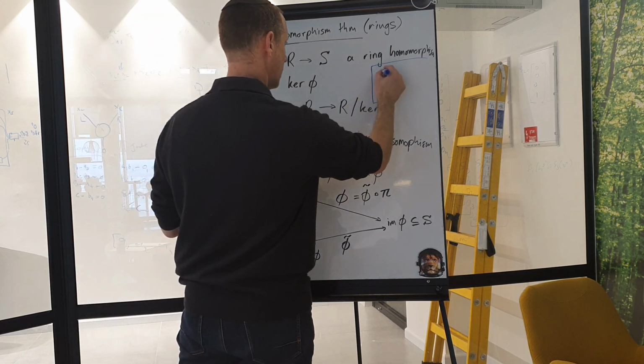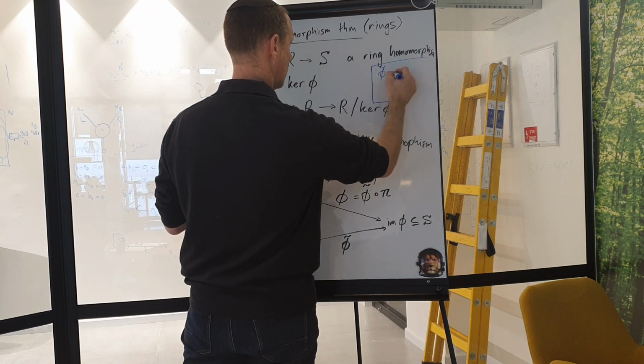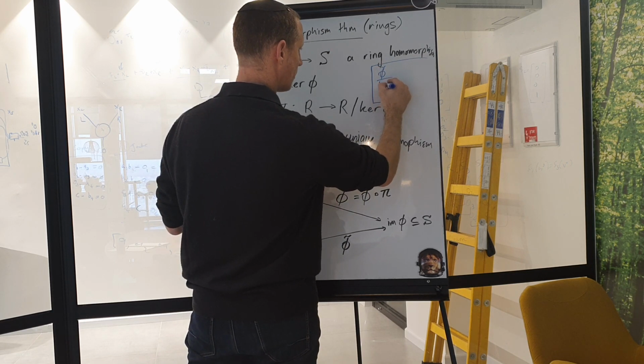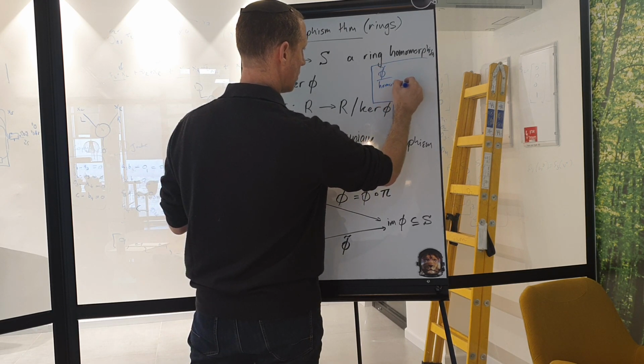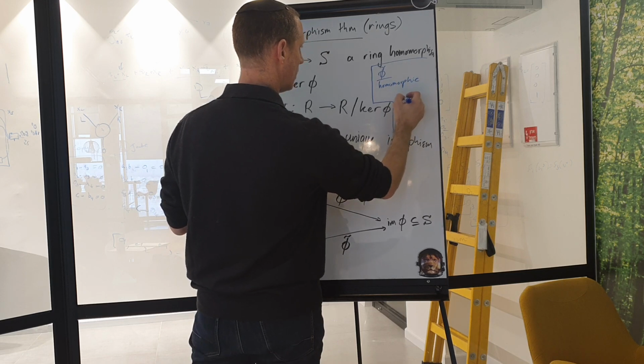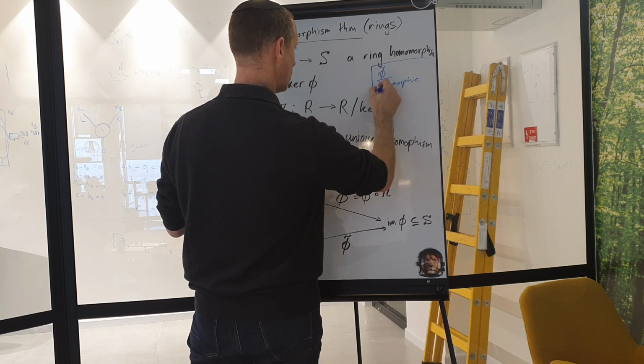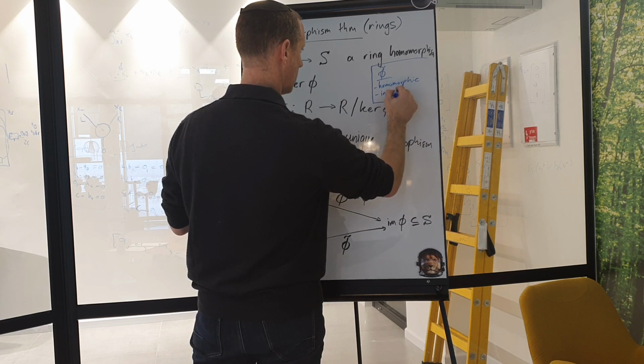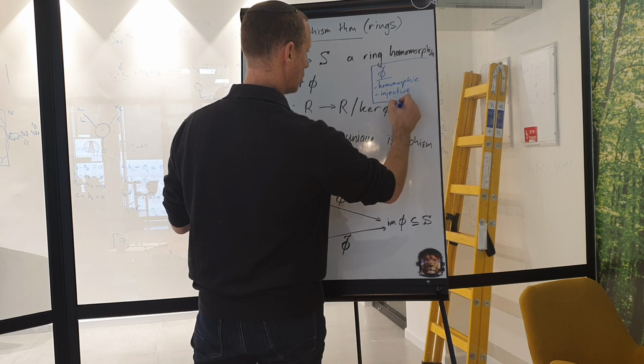We need to show the following things on phi. We need to show that it's homomorphic, right? We need to show that it's injective. We need to show that it's surjective.